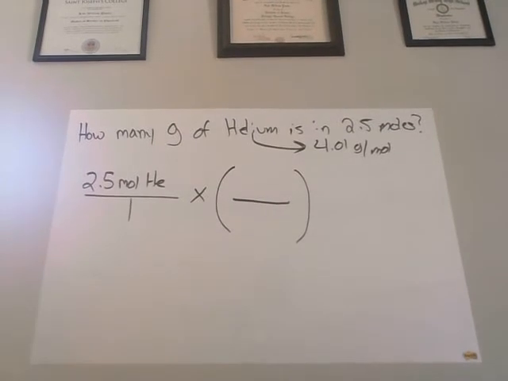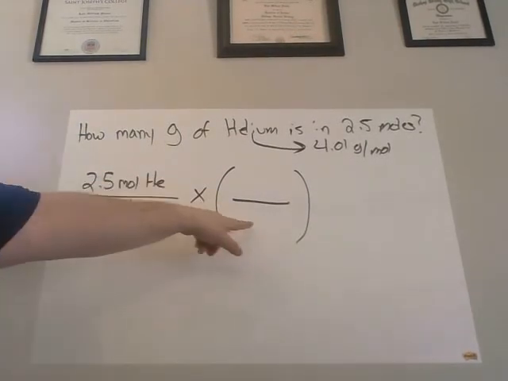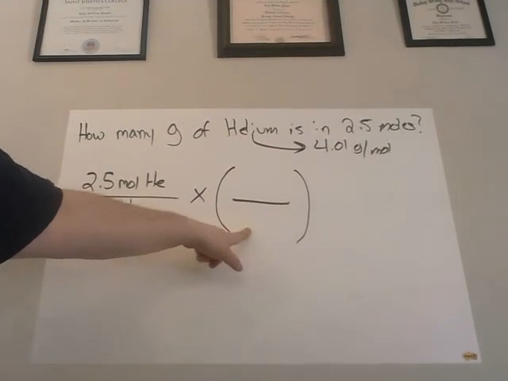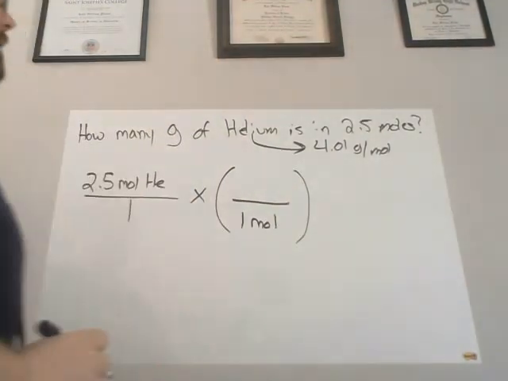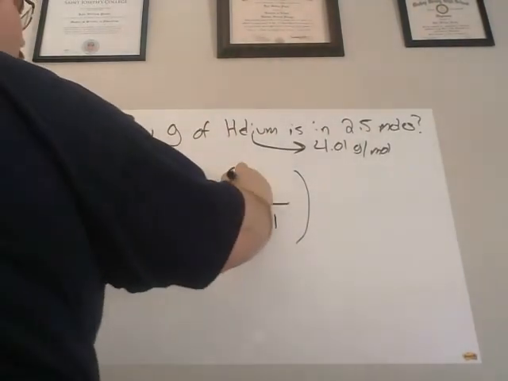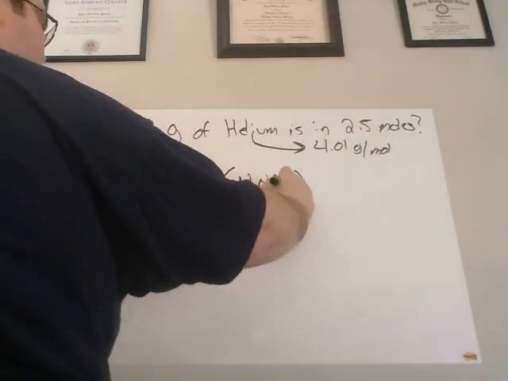So now we have to look: do we keep 4.01 on the top, or do we move it to the bottom? If we look at our starting unit, we have moles. So that means our bottom has to have moles. So we're going to put 1 mole on the bottom, and on the top is 4.01 grams.